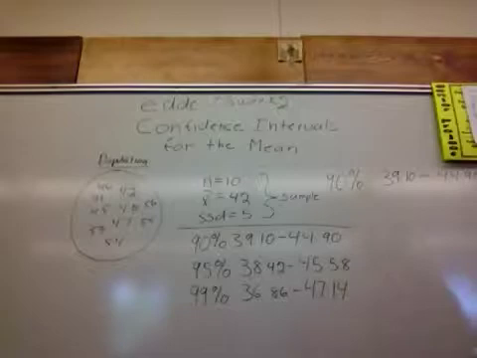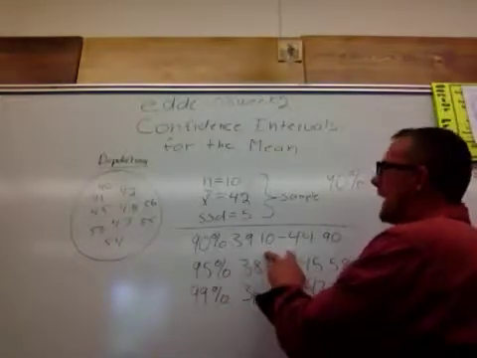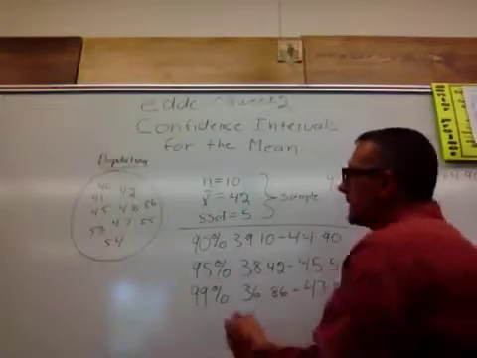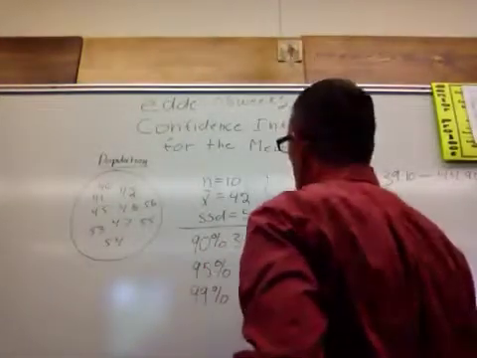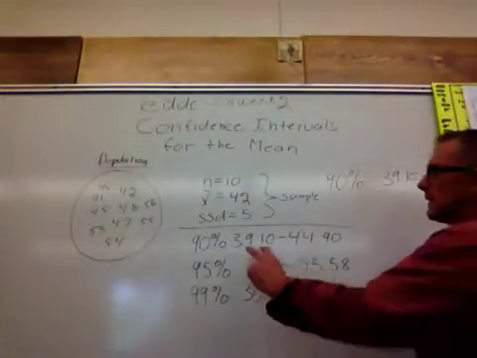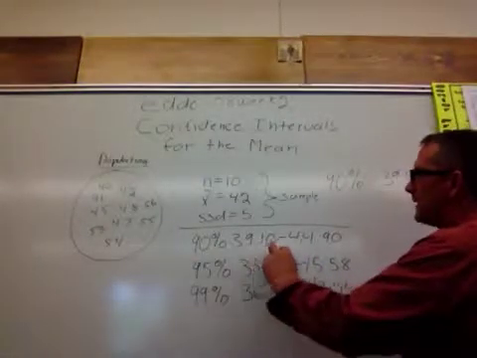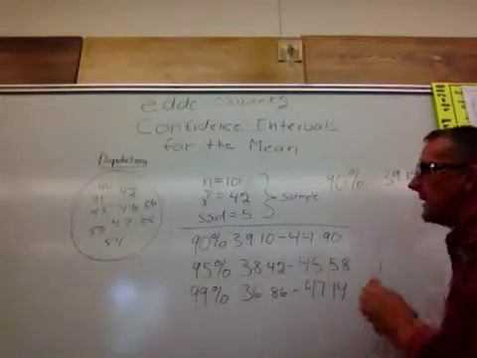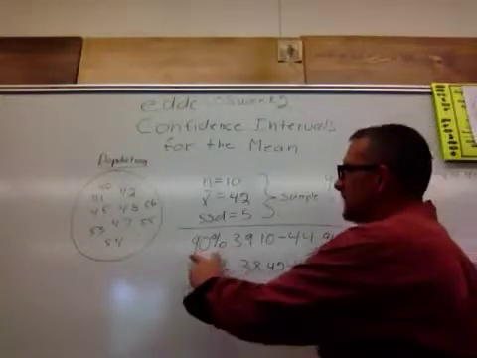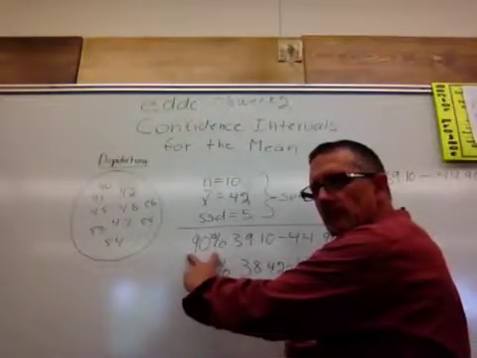When I click Calculate Now, I get confidence intervals. I get 3 of them. My first confidence interval is 90%. What it tells me is that between 39.10 and 44.9 is where the actual population mean lies, and I am 90% sure of that estimate.